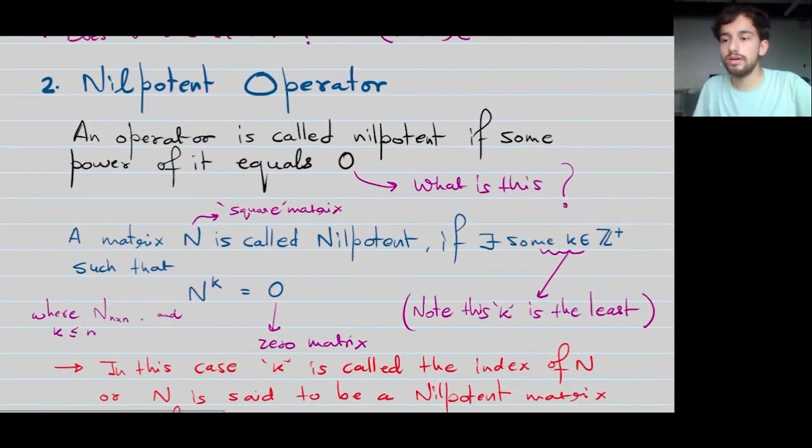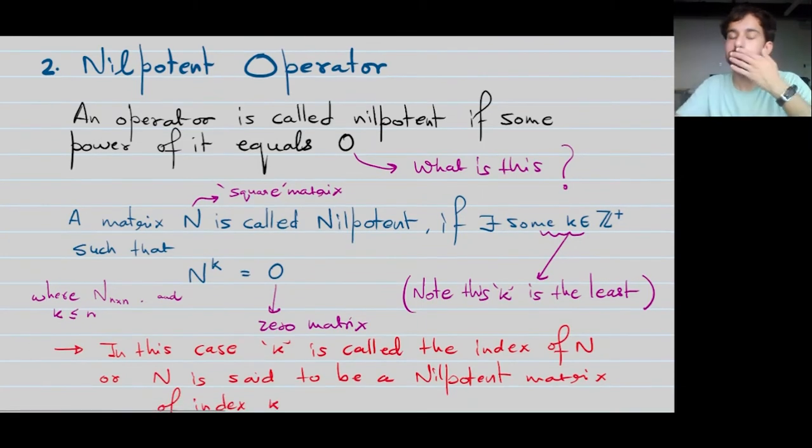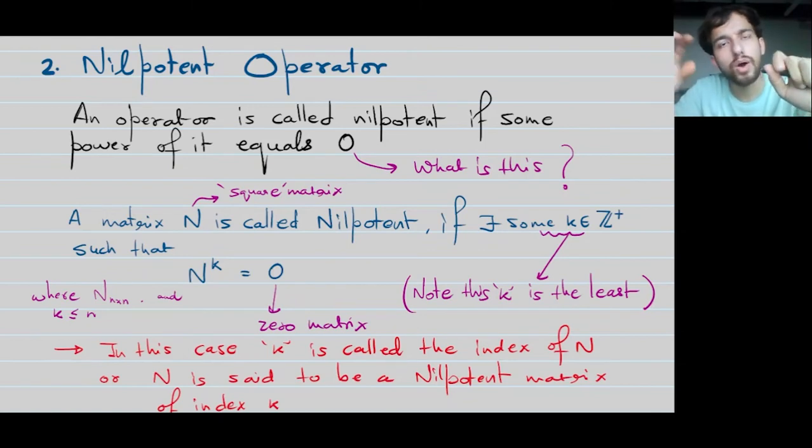Okay. Now let's move ahead to nilpotent operator. Let's understand this. What do we mean by an operator being nilpotent? By nilpotent operator, I mean that if I raise its power, that is, I compose the operator with itself, and I find a power after some certain steps, when I am composing my operator with itself, it becomes the zero operator itself.